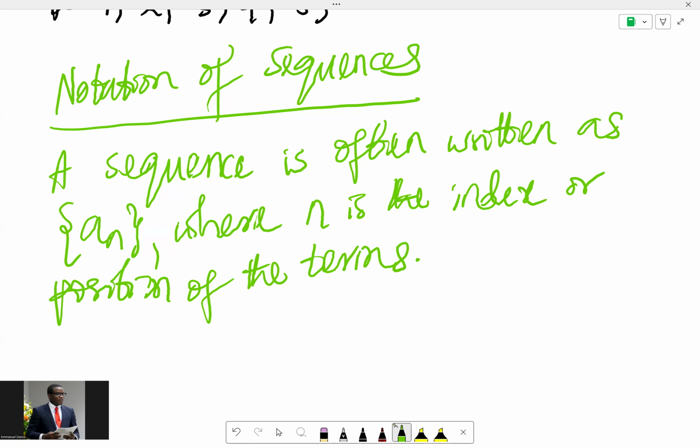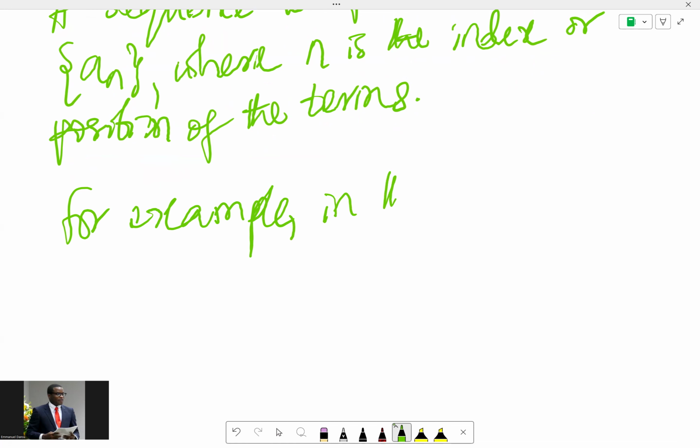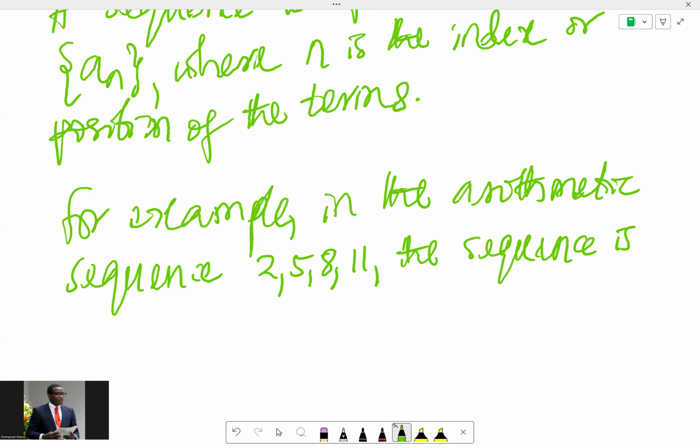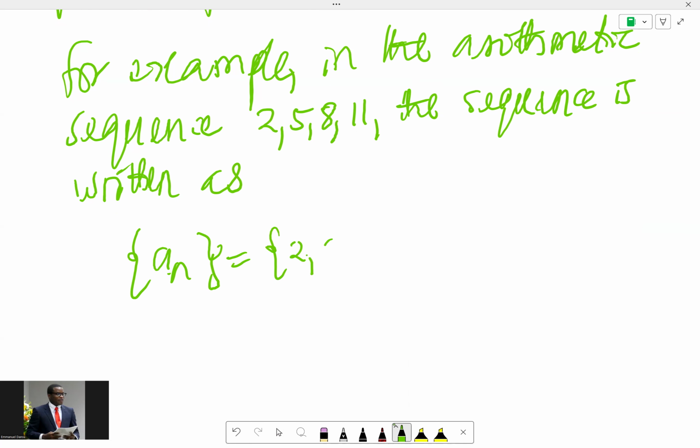Okay. So for example, in the arithmetic sequence 2, 5, 8, 11, and so on, the sequence is written as, say, a_n equals 2, 5, 8, 11, and so on and so forth.